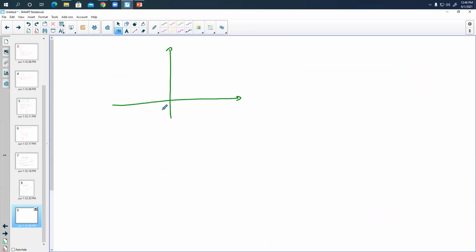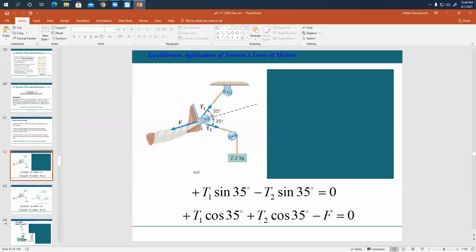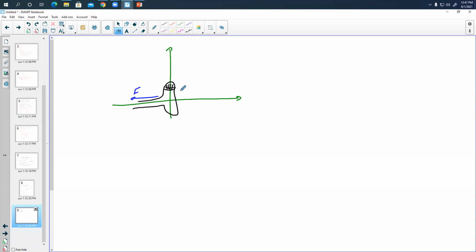Let's say you got your foot right over here. Go ahead and put the toes over here. So we said that you had a force F pulling on this side, and you got T1 and T2 at 35-degree angles. So over here, 35 degrees, T1, you get T2 at 35 degrees.